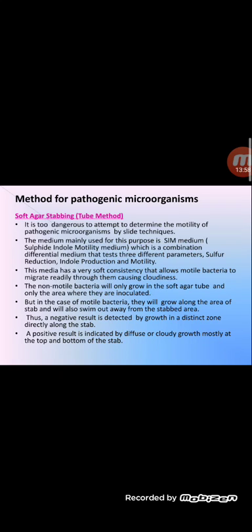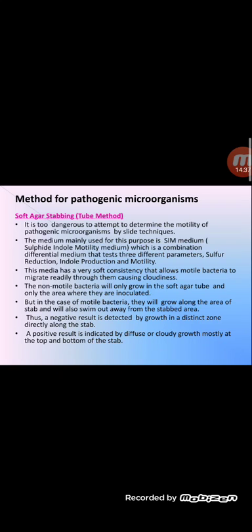For this soft agar stabbing technique we will use this special medium, which is a combination of differential medium that tests three differential parameters: sulfur reduction, indole production, and motility. So these three parameters we can determine from one single medium. That is the use of this medium.